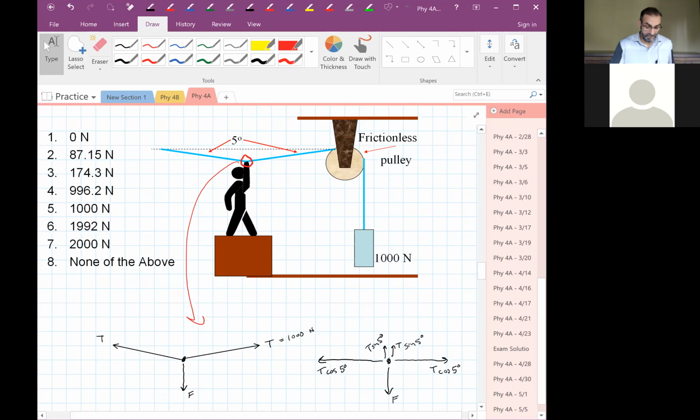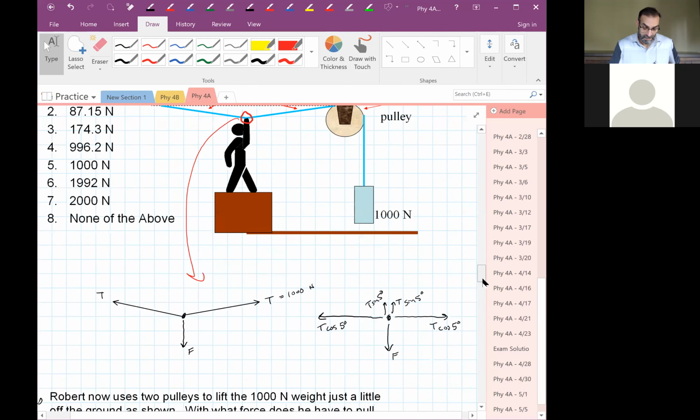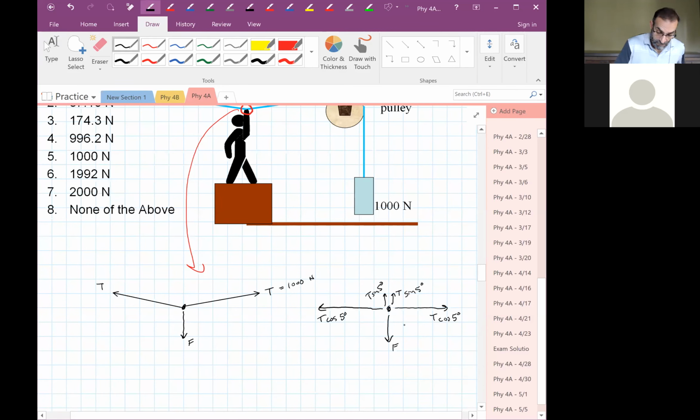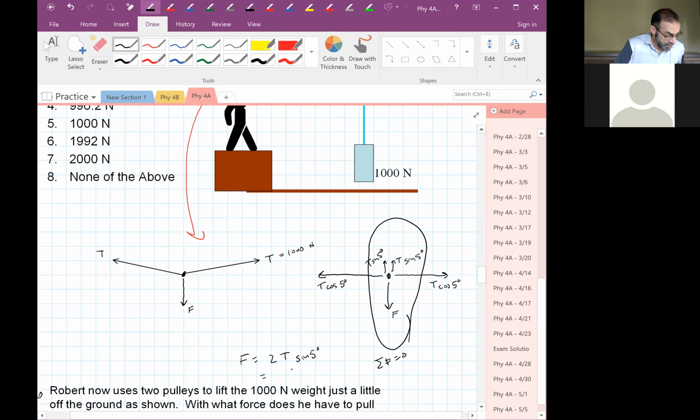Is anything moving? No. So the sum of these forces has to be 0, right? So we have F is equal to 2T sine 5 degrees. T is 1,000, so F is 174 newtons.